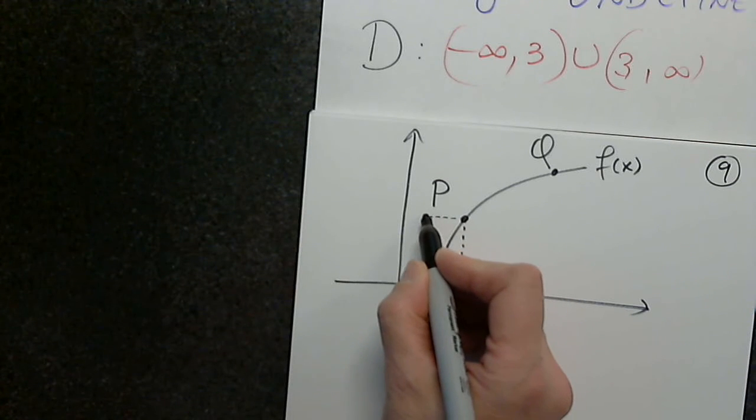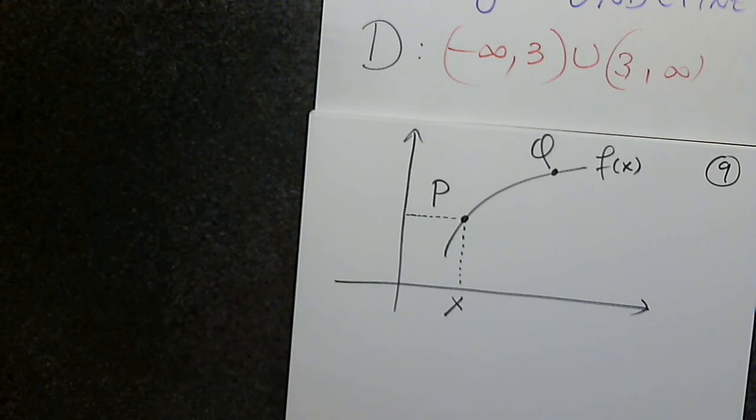Can anyone give us the y coordinate of P? We cannot put numbers in. We don't know any of that. So if the x coordinate is x, what do you think is the y coordinate? You cannot invent anything. It's right there in front of us.